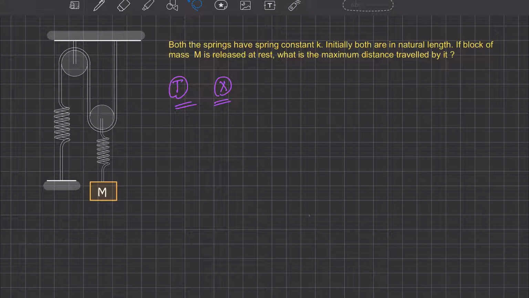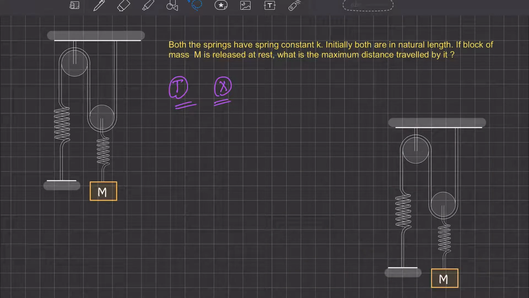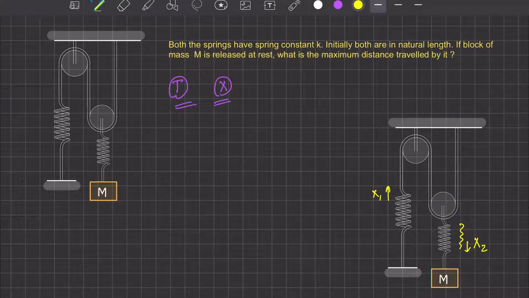So here I am copying the diagram. Now think, let's apply the constraint motion. Right now I don't know by how much the springs will extend. So think, if this spring gets stretched by some amount, let's say this one gets stretched by x1 and this one gets stretched by x2.